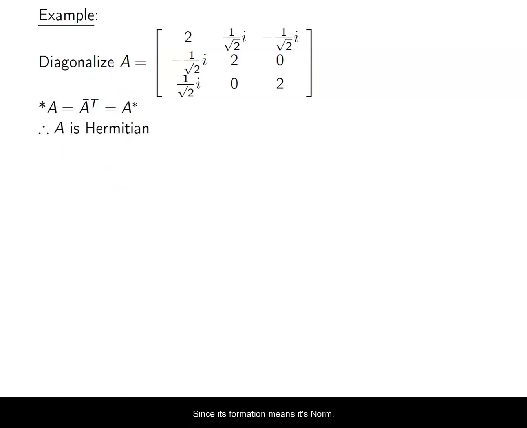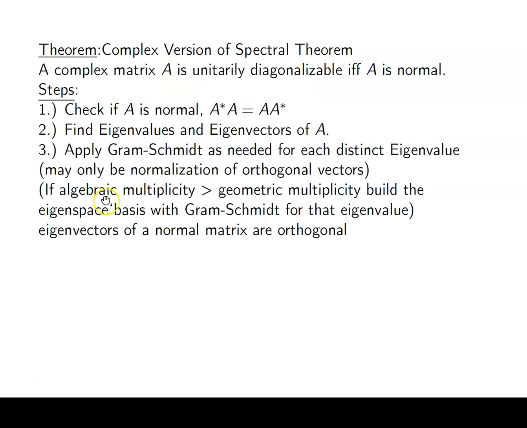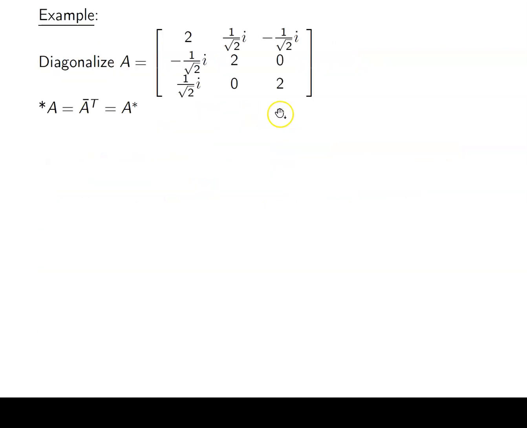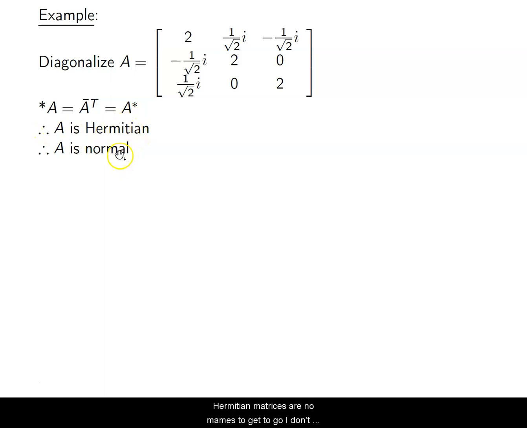And since it's Hermitian, it means it's normal, which means I can unitarily diagonalize it. So that's my first condition: check if A is normal. It is, because A is the same as A star. Hermitian matrices are normal matrices, so I'm good to go. I don't want to do all this if I can't even do it in the first place. There's no point in doing a lot of extra work.